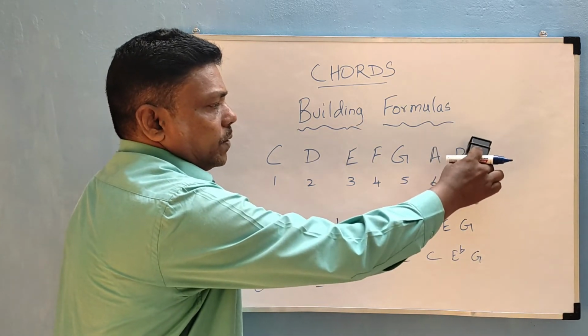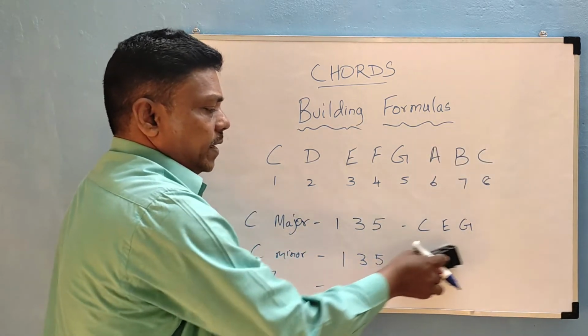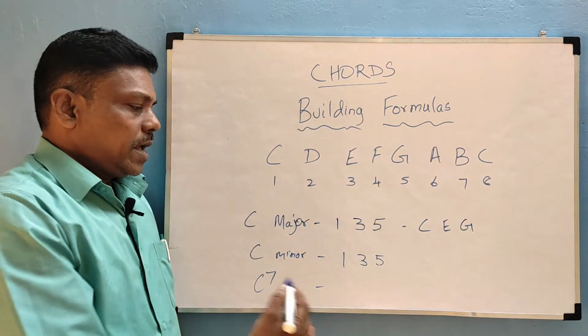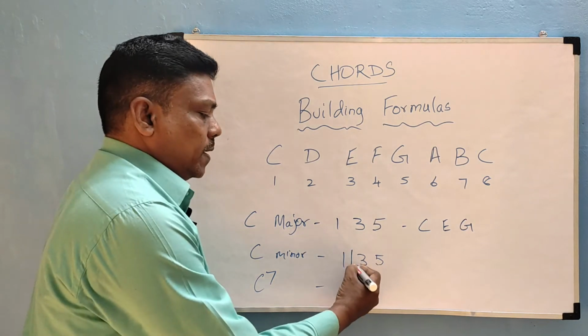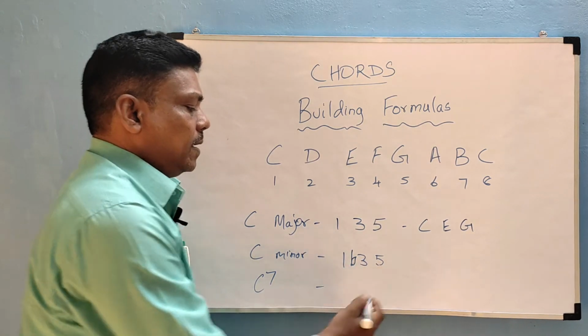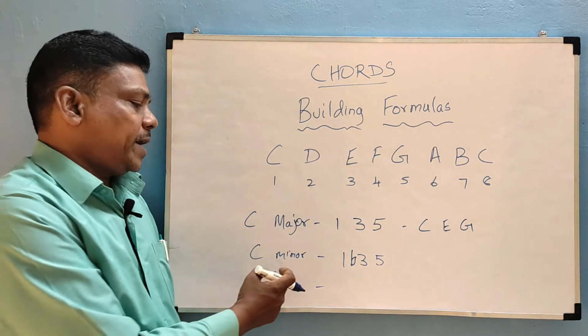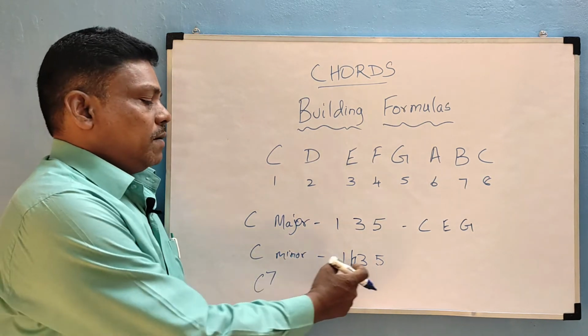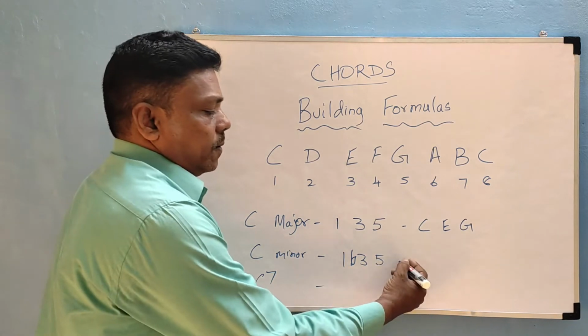Whatever chord you want, you do it with the major scale itself and apply the right formula. For creating a minor chord, the formula is 1 flat 3 5.